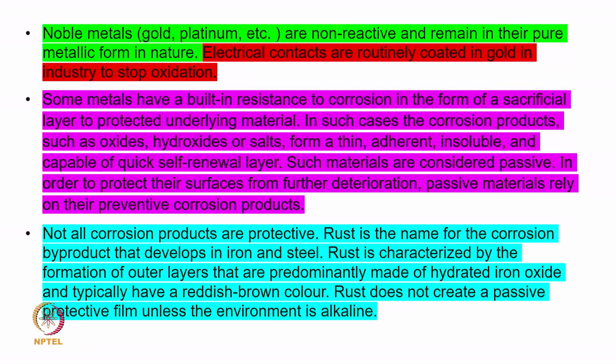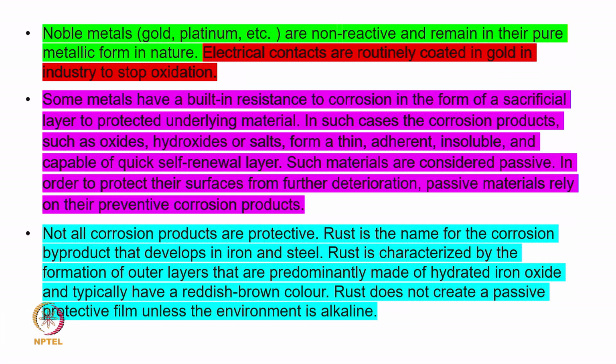Another interesting thing is that, while we have been mentioning corrosion, there are some metals which have a built-in resistance to corrosion in the form of a sacrificial layer that protects the underlying material. In such cases, the corrosion product, such as oxide, hydroxide or salt, forms a thin, adherent, insoluble and quickly renewable layer.